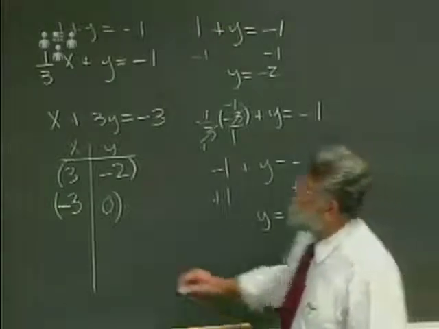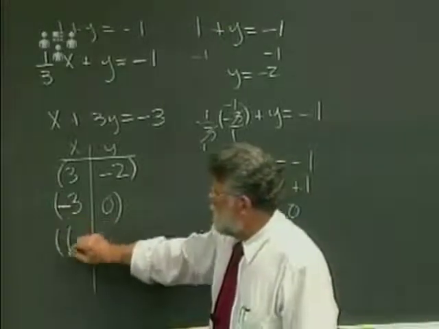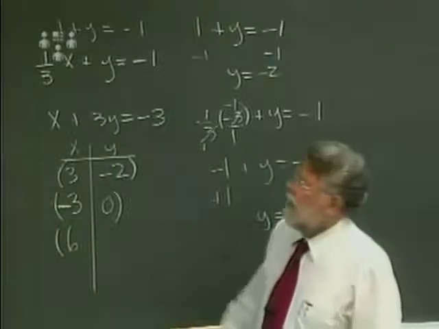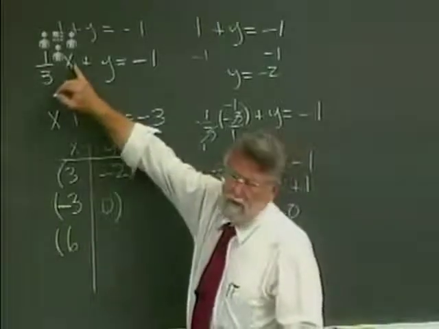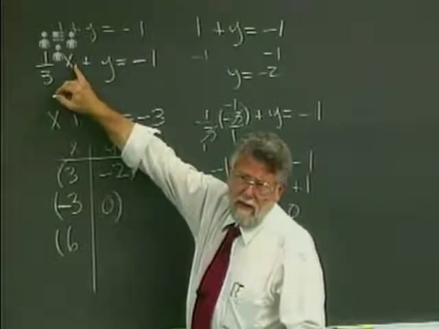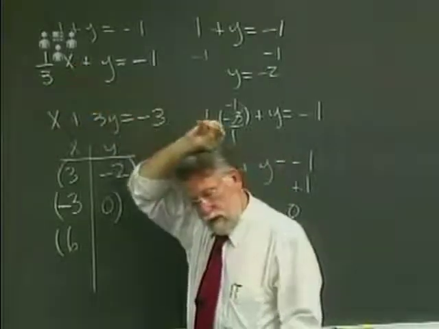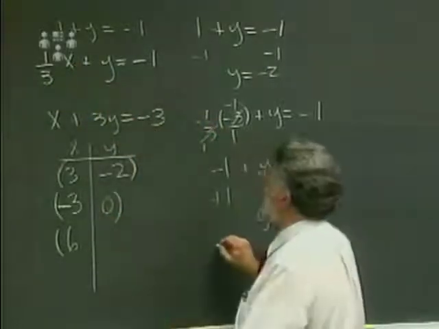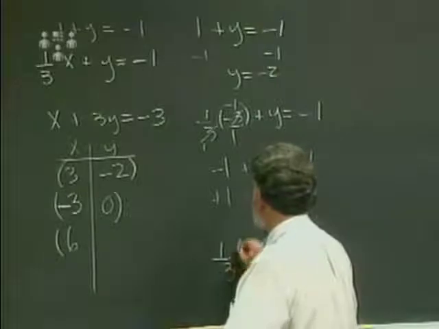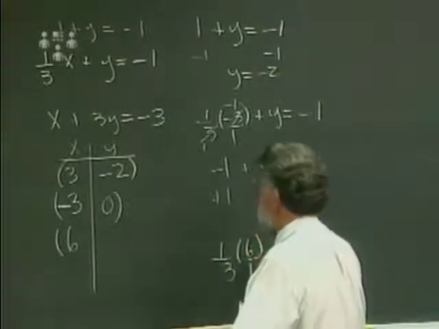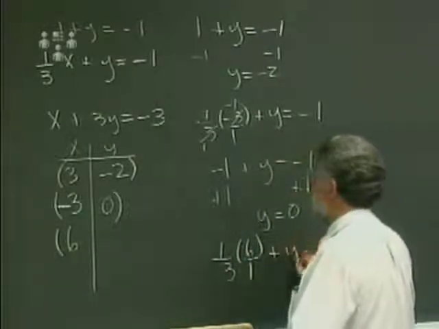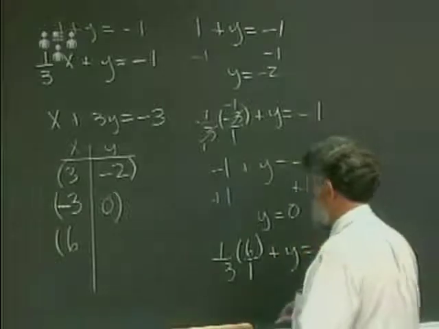Okay, you said that we could try 6. I'm going to do a few more of these because we're clearly having trouble. If x is 6, what is 1/3 of 6? One-third times 6. Very good. It is 2. I like that.